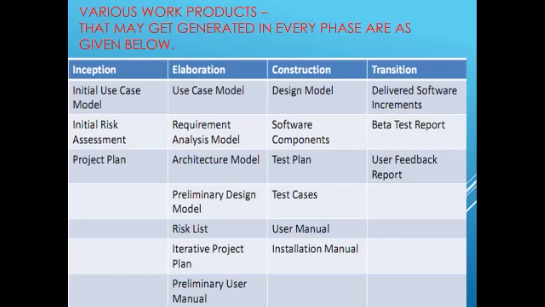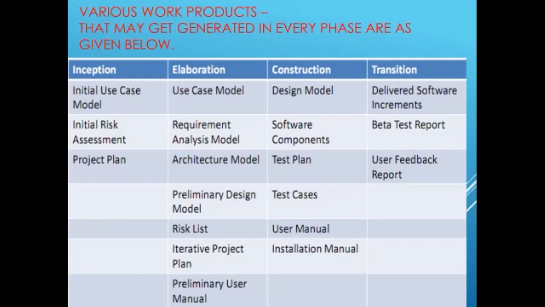Friends, the various work products that may get generated in every phase are as given below. These are the phases: inception, elaboration, construction, transition. In inception: initial use case model, initial risk assessment, project plan.